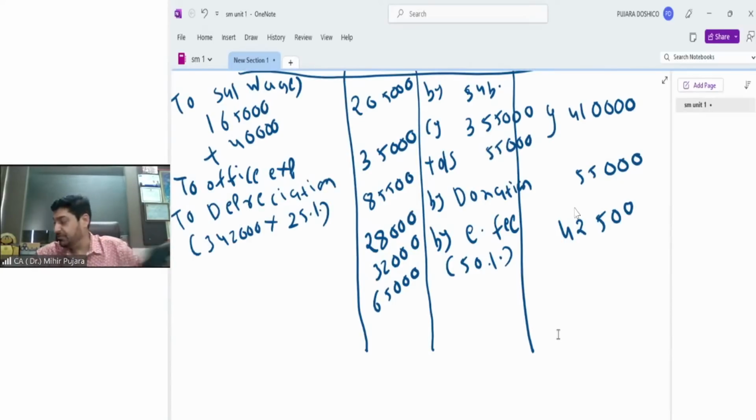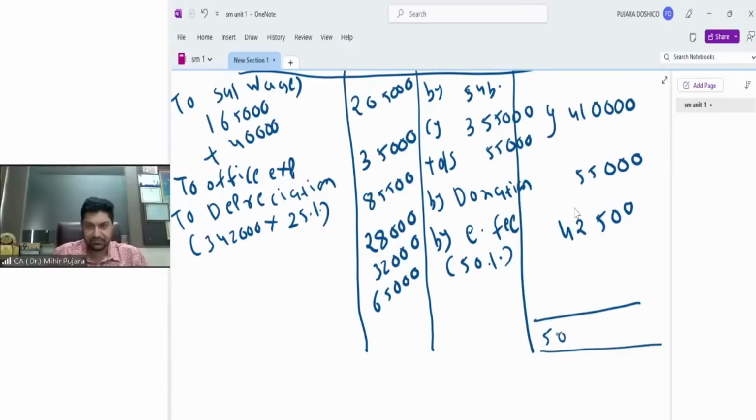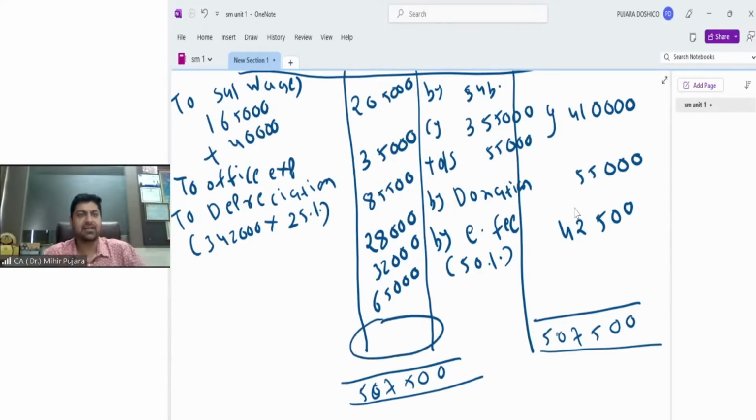So 410 plus 55 plus 42,500, it is 507500. From this, the expenses are less.